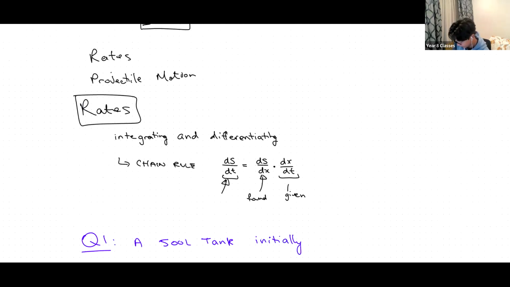During some rain, the rate of volume change, we'll call it V, is 100 minus t squared, and this is in liters per hour. We want to know how much water is in the tank after 9 hours.